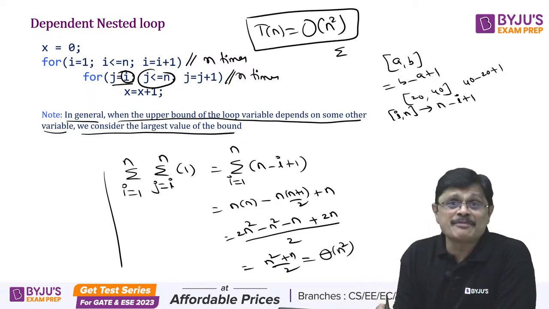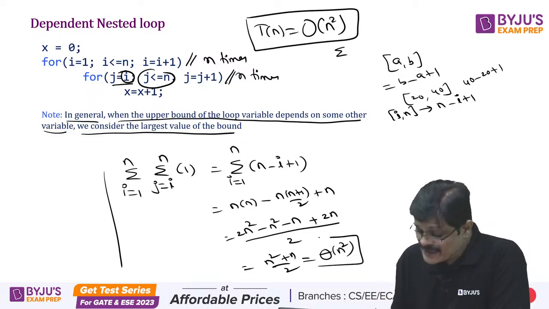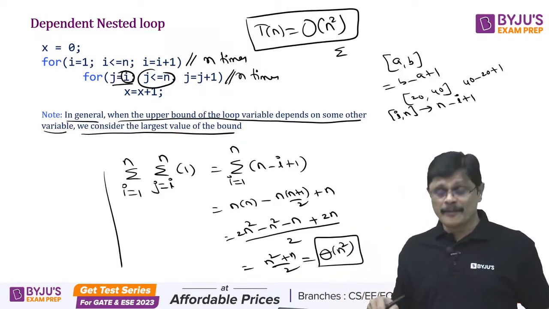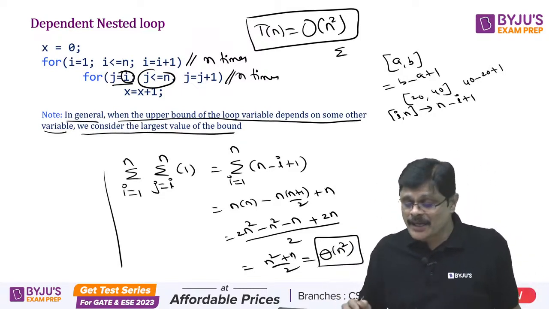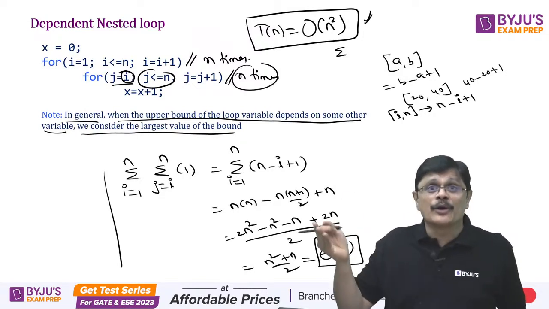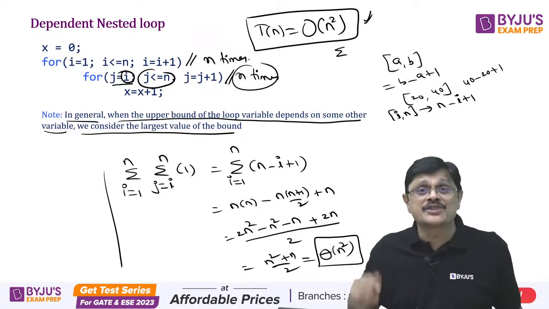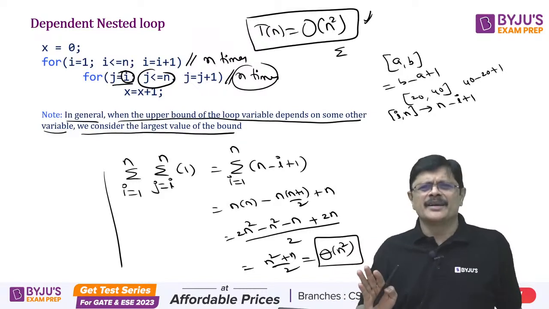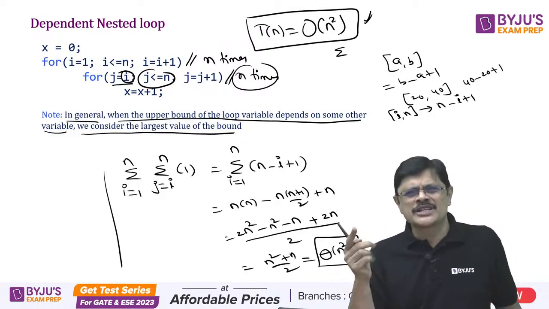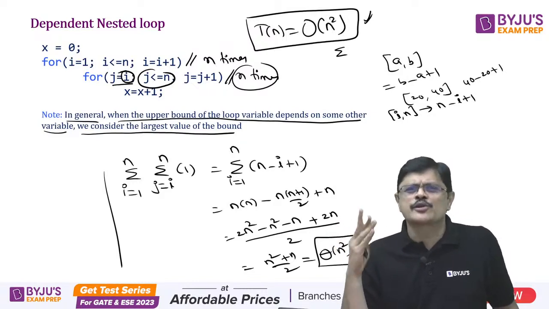And if you use this method, you cannot say theta n square. I mentioned theta n square very confidently because I used double summation notation. But here we use only big O notation because here it is only an upper bound. It's not the exact value, not a tight bound. But mostly in our algorithms courses, they are going to ask you questions where the options are also in big O notation.